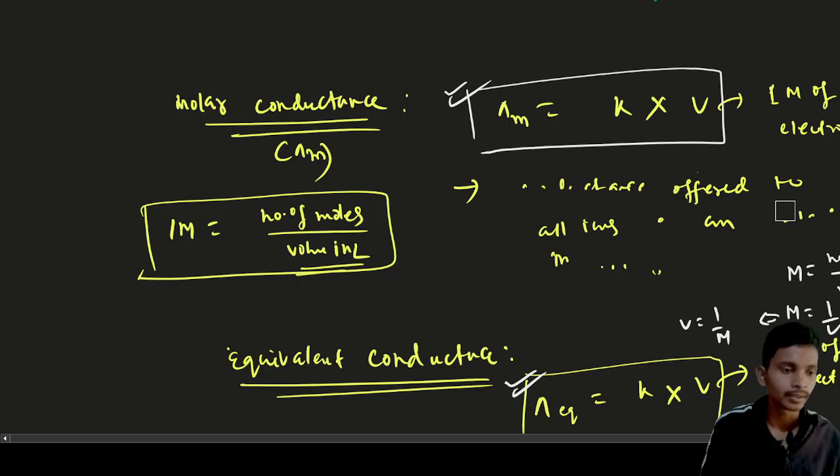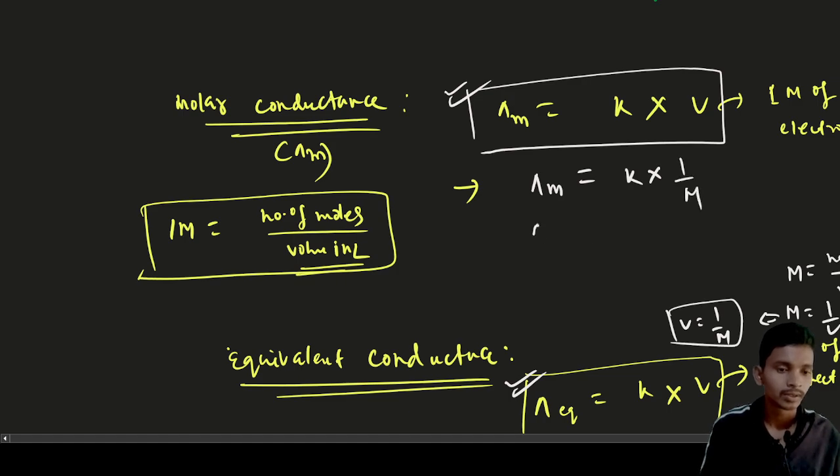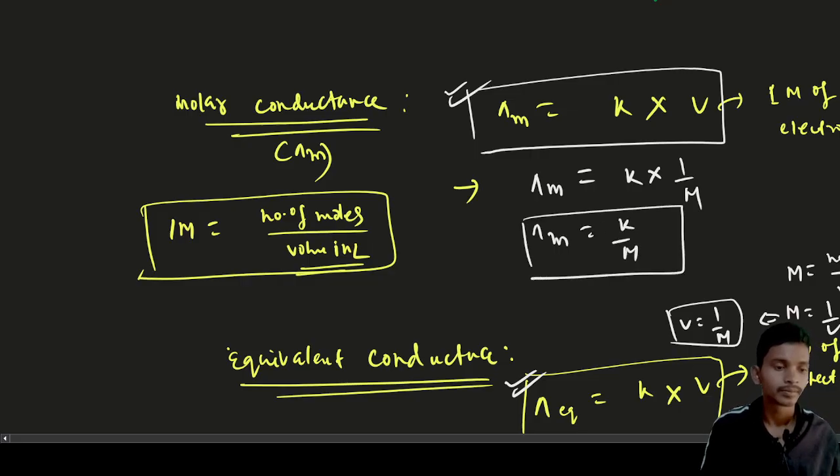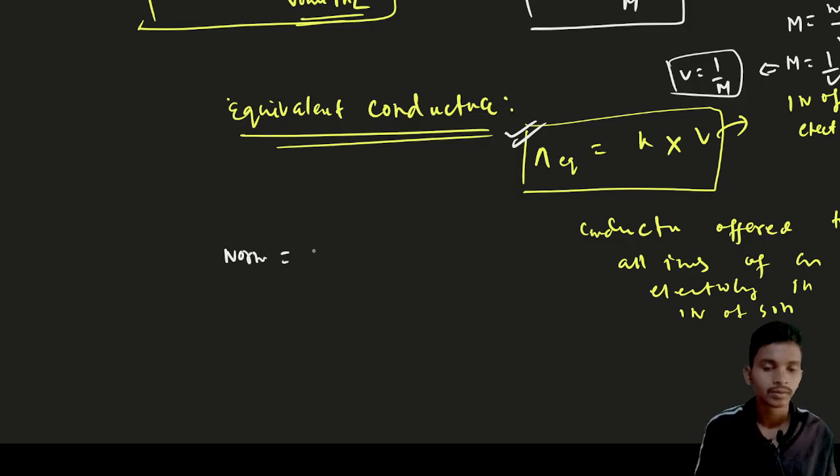So if I put 1 by M instead of V, then molar conductance Λm equals k into 1 by M, because V equals 1 by M. So we can write this as k upon M. Similarly for normality, normality equals number of gram equivalents by volume in liter.